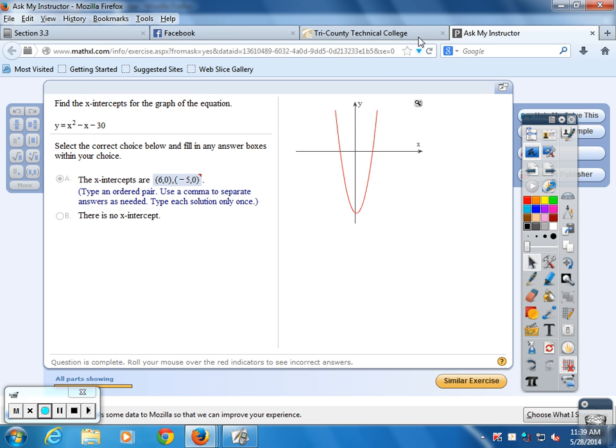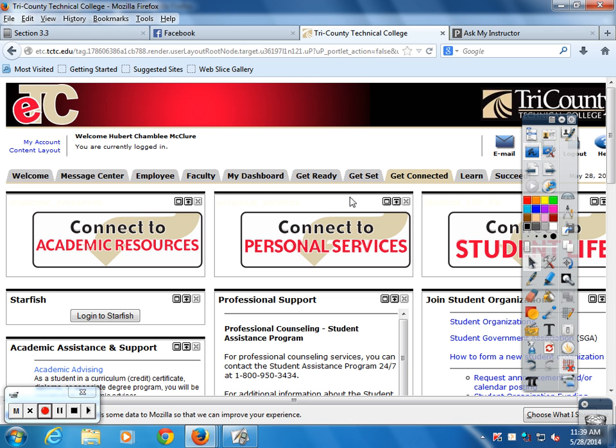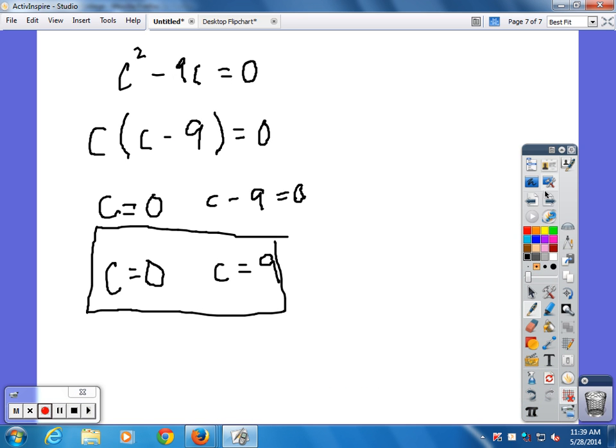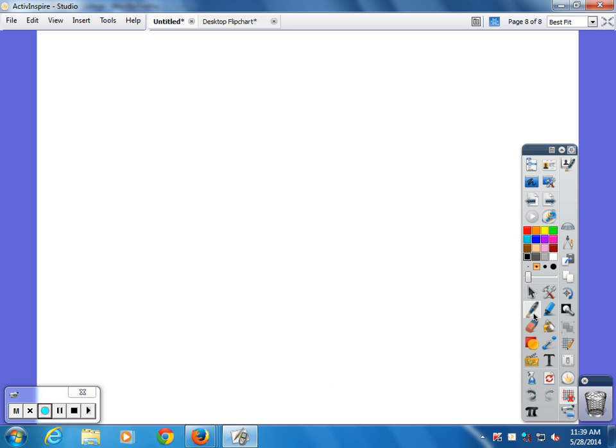Okay, we're going to move on. And I want to cover some things in 6.1 and 6.2. And, of course, I can't write. This is really frustrating. Let me do, no, I can't do that either. I don't know why it's still not writing. Okay. Let me go here. 6.1. These are called rational expressions.